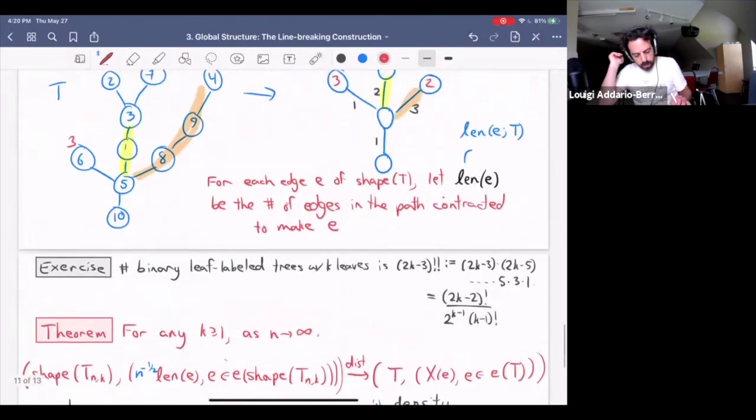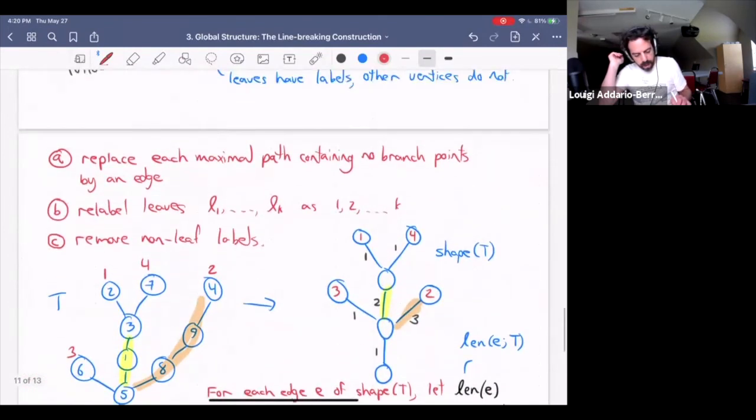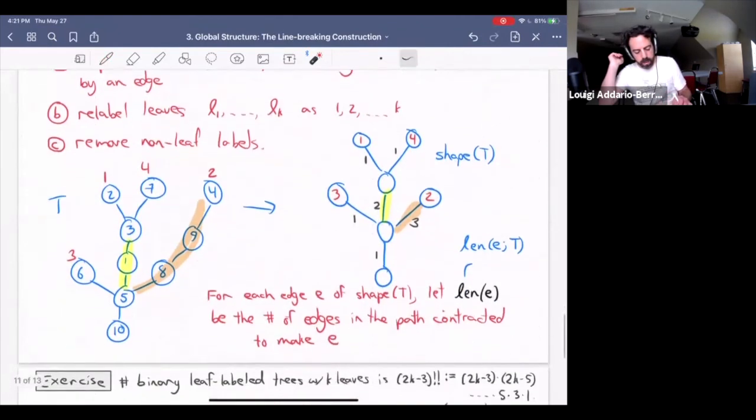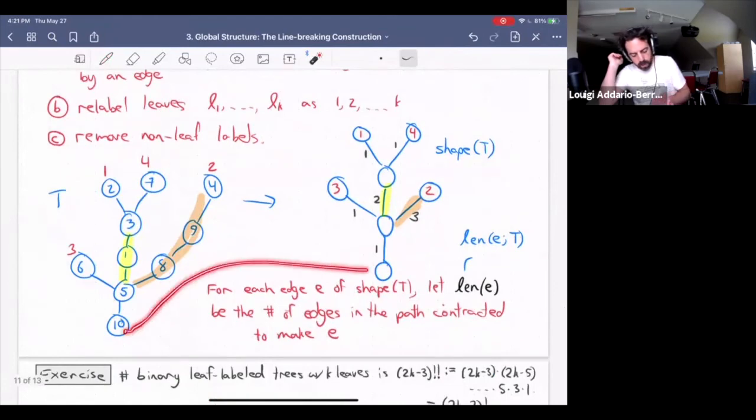So when we pass to the shape, we maintain the root. The root is the root of the original tree, so we didn't reroot when we went from here to here. So why does the root have degree 1?